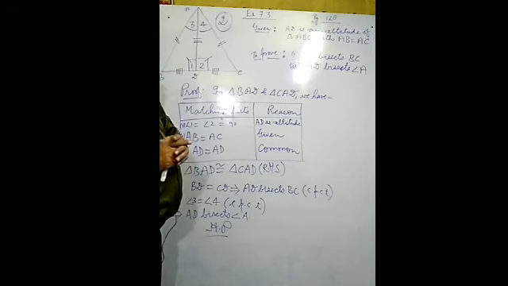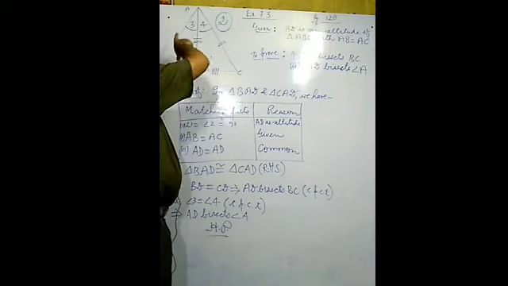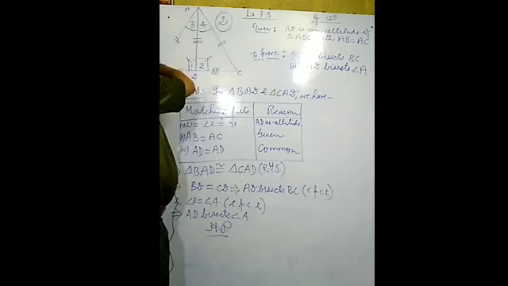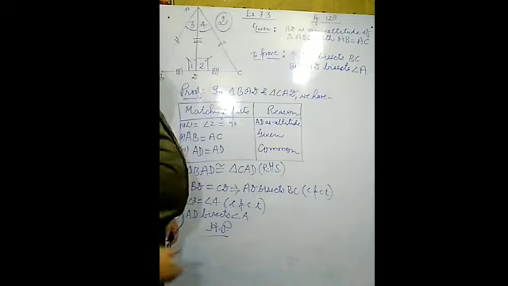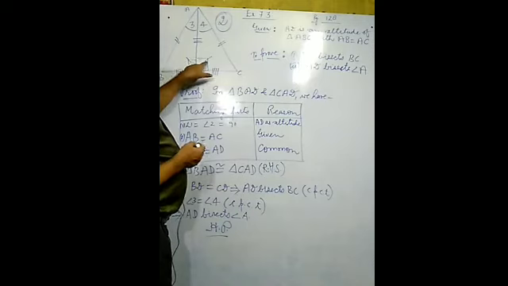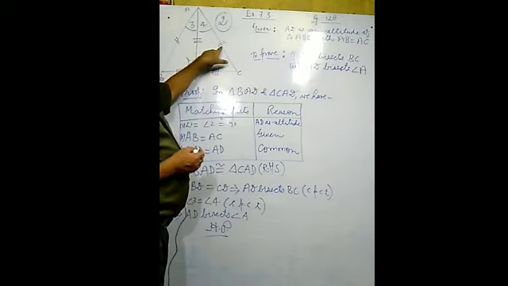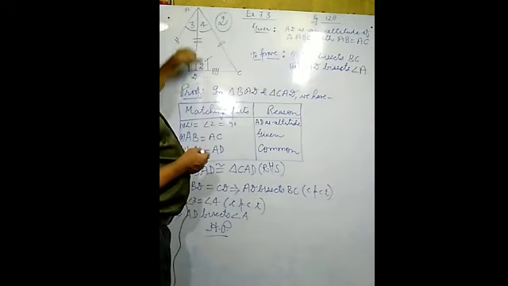And what will be the third matching part? This AD is common to both the triangles, left side as well as right side. So which criteria is there? 90 degrees, 90 degrees, then opposite to 90 degrees, both are equal, then one of the sides.